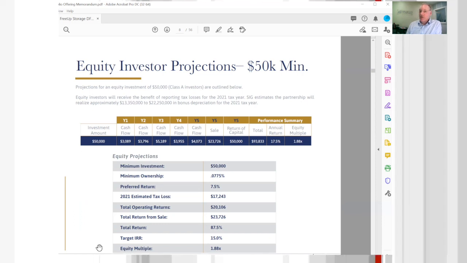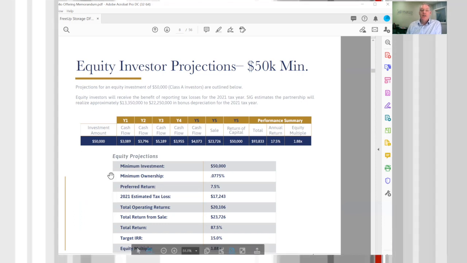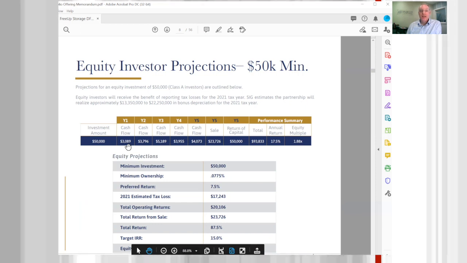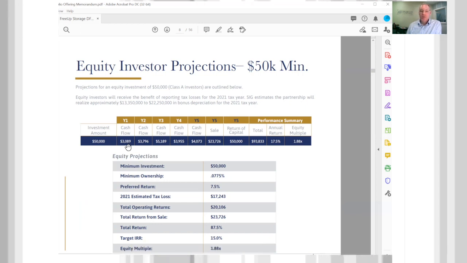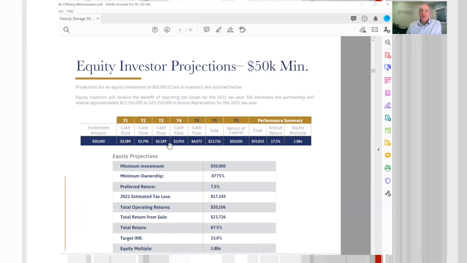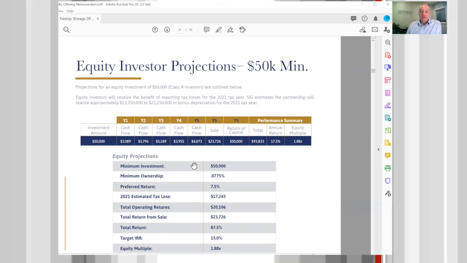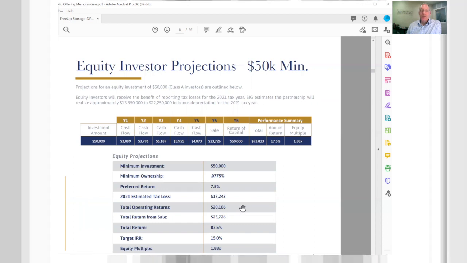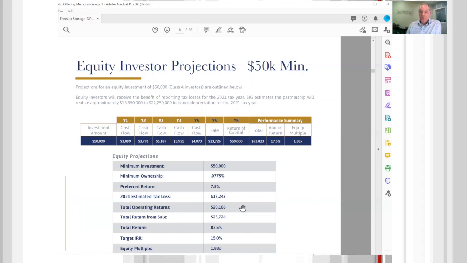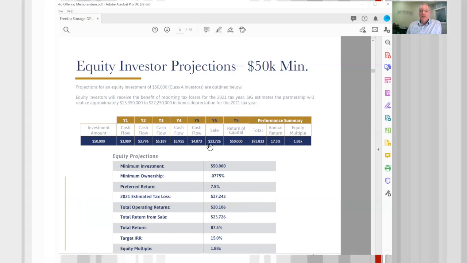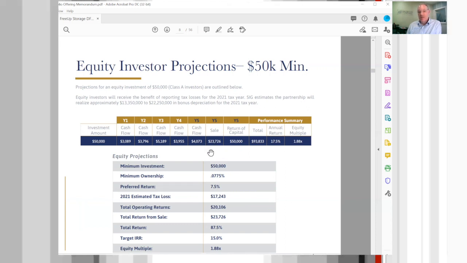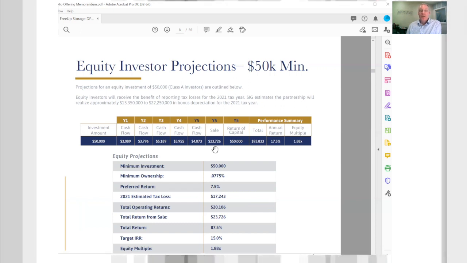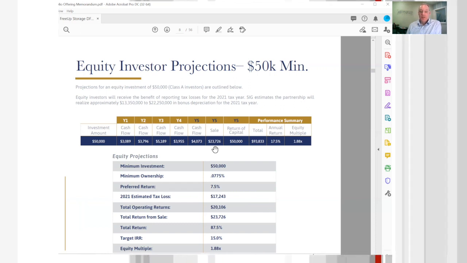It's important to understand cash on cash because cash on cash shows you the annual receipt of funds in hand that we think the investment will pay you. Years 1 through 5 gives you the stream of cash flow, which we identify as total operating returns. You want to sum those numbers in addition to the sale of the property, the proceeds per $50,000 invested. In this security, we think that's going to be $23,726.